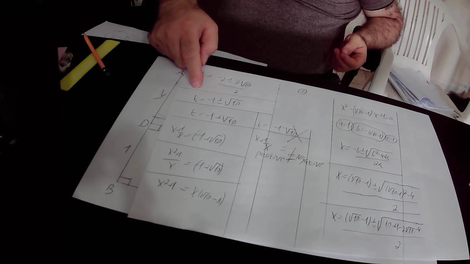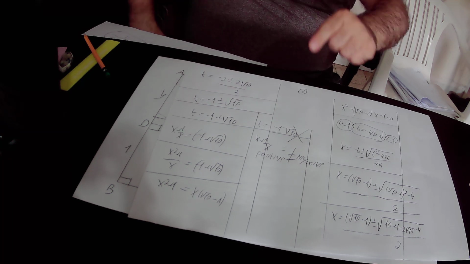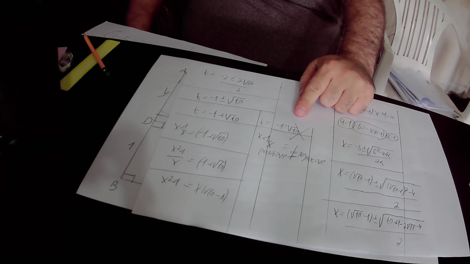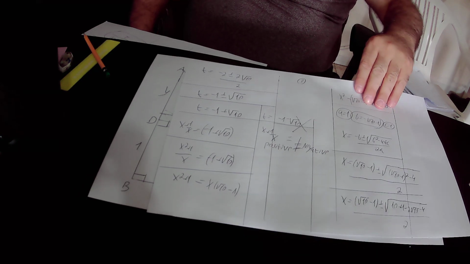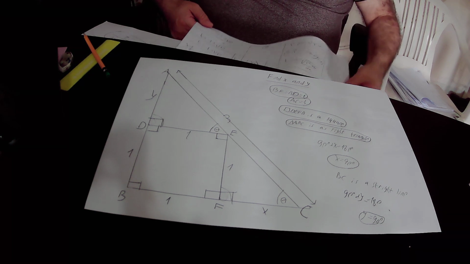So we have here two possible solutions. The first solution is t equals minus 1 plus square root of 10. And the second solution is t equals minus 1 minus square root of 10. According to the second solution, minus 1 minus square root of 10 is a negative number, and t equals x plus 1 over x according to our definition, and x is the length of a side of a triangle, therefore it must be a positive number.